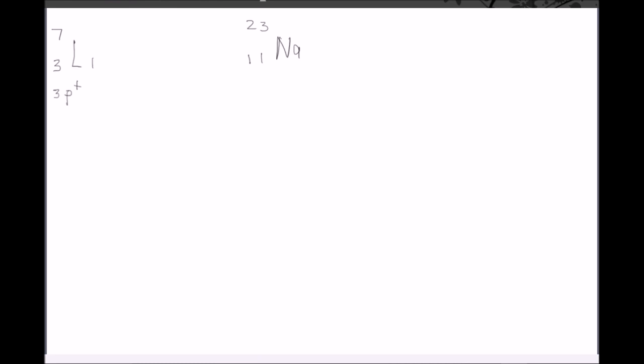Okay, it also tells us that it has 3 electrons, or in other words it has an electron arrangement of 2, 1. And then if we go to sodium, it tells us that it has 11 protons, and it also has of course 11 electrons, and those electrons are arranged in a configuration 2, 8, 1.